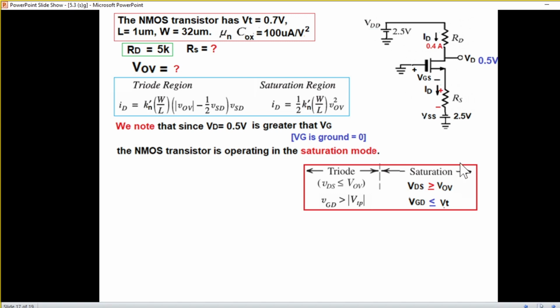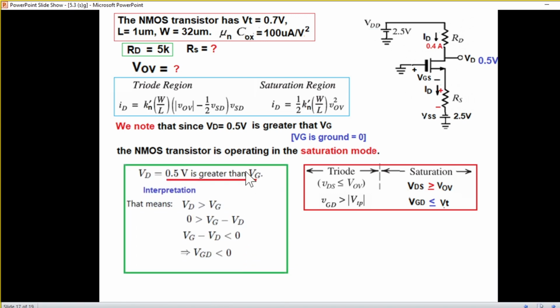So we had these conditions for the transistor to be in the triode region or in the saturation region. And this can be interpreted as VD greater than VG. Then we move VT to the right hand side, and then we just reverse them. So VG minus VD is less than or equal to 0.